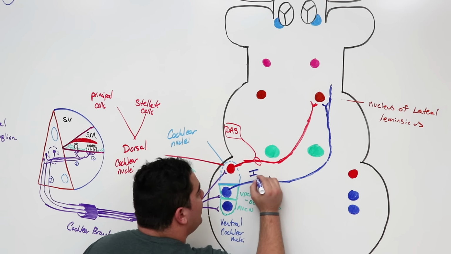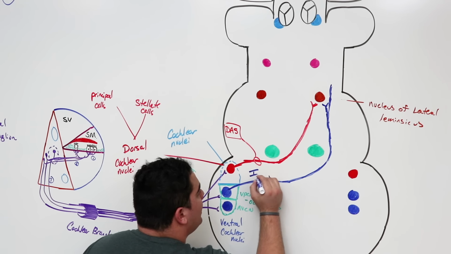Then we have the last one, the anteroventral cochlear nucleus. This one is going to have a bunch of different types of cells. Some of these cells are the stellate cells again. And you're going to have another type called bushy cells.